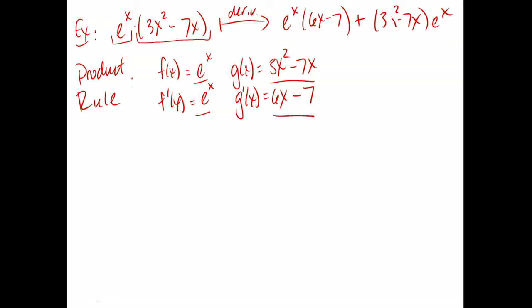Sorry, that x looks a little funny. And that's the answer. You could simplify this if you wanted to, but let's not. I just circle that or box that in and say that that's the answer.